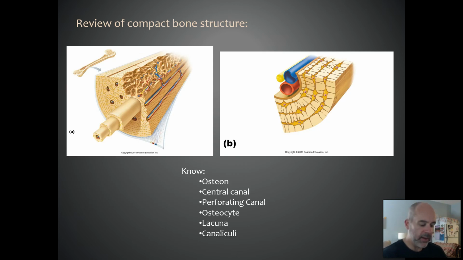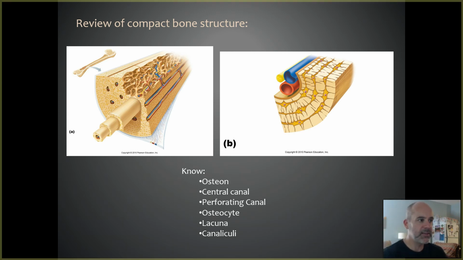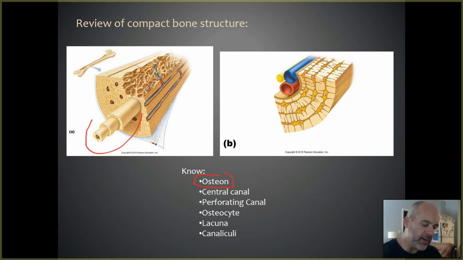All right, review our compact bone structure here, the different parts of the long bone. Remember, compact bone is built from these 3D cylinders called osteons. Those are the subunits. And right there, they're pulling an osteon out.